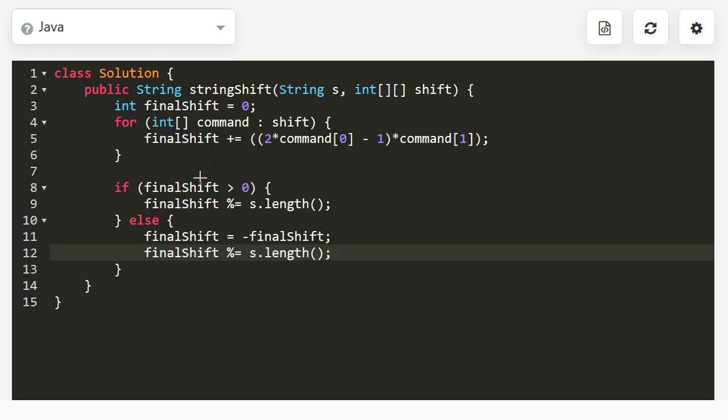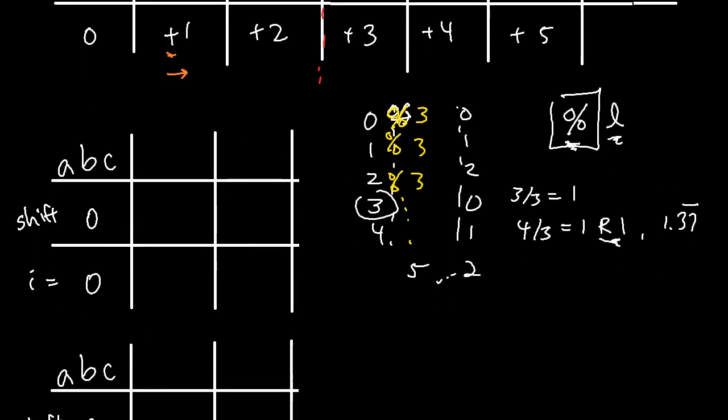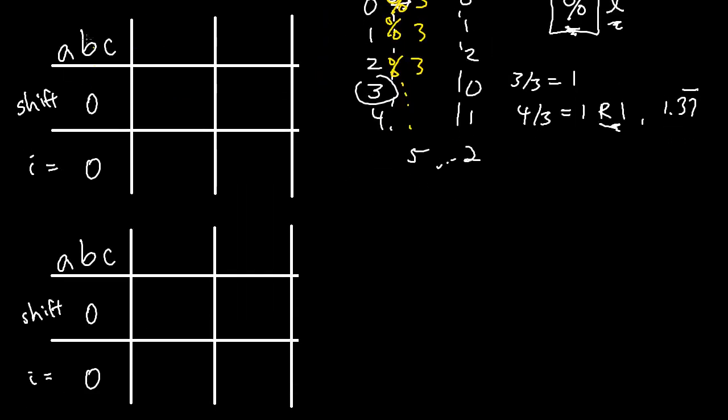Okay, so continuing on from there, we now know that with a length of 3, we really only have 0, plus 1, plus 2. And then we also know that that gave us the amount of CAB and BCA. So if we notice here, this is the same as this index.